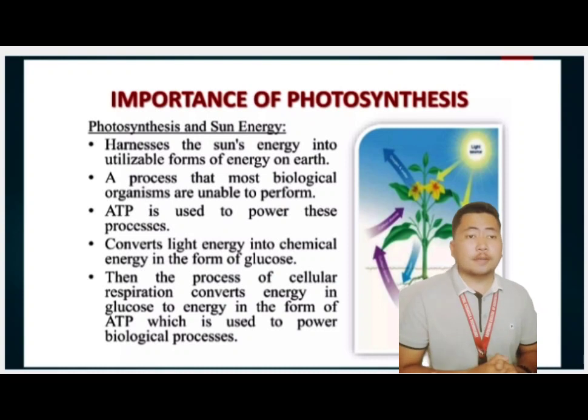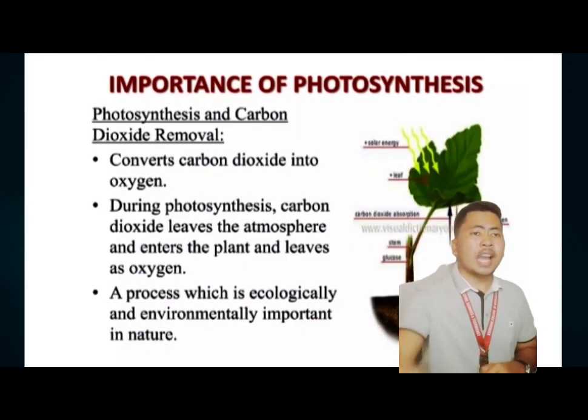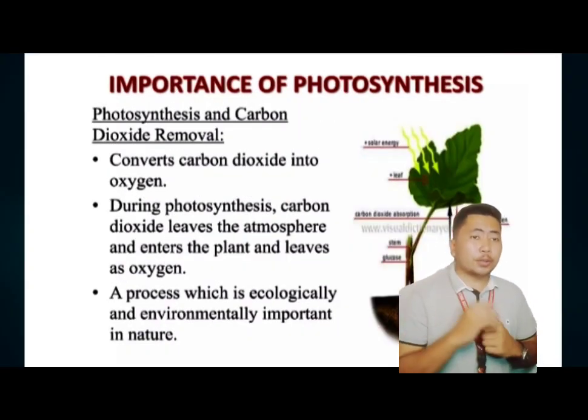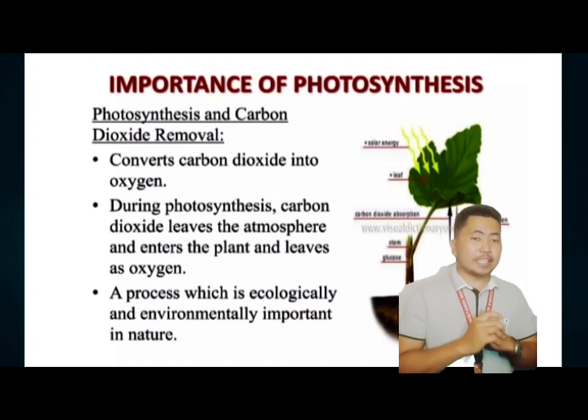Then, the process of cellular respiration converts energy in glucose to energy in the form of ATP, which is used to power biological processes. Another thing to consider, photosynthesis and carbon dioxide removal: it converts carbon dioxide into oxygen. During photosynthesis, carbon dioxide leaves the atmosphere and enters the plant and leaves as oxygen, a process which is ecologically and environmentally important in nature.